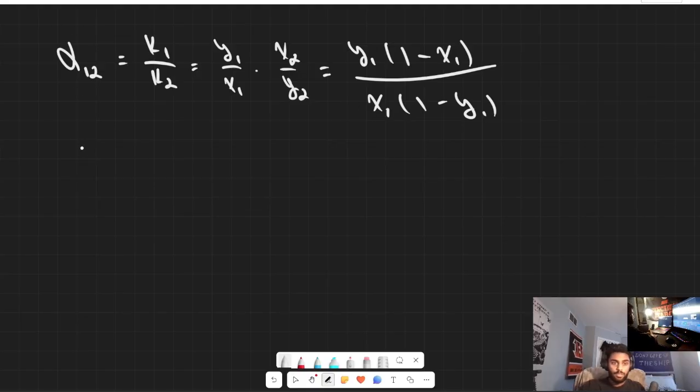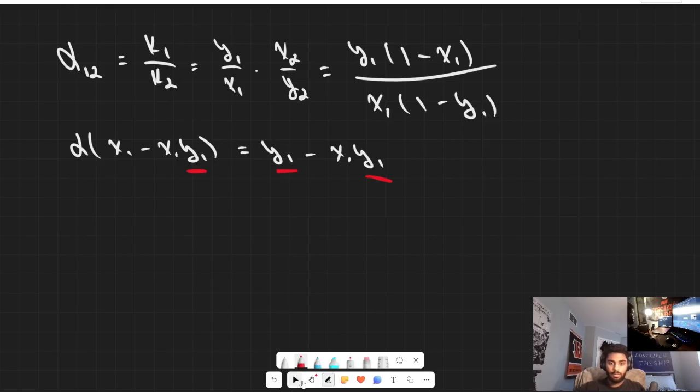So we have now alpha times (x1 minus x1 y1) is equal to y1 minus x1 y1. Now our goal here is to isolate this y1 term, so that's just going to take a bit of manipulation.